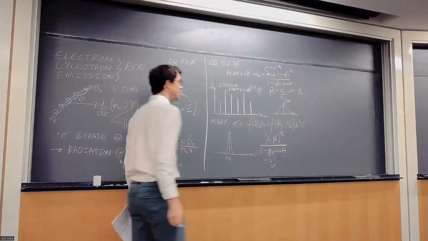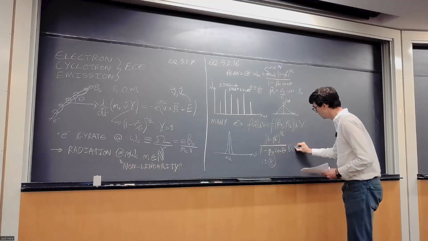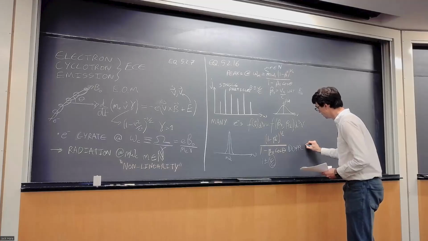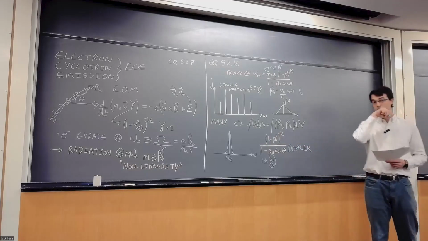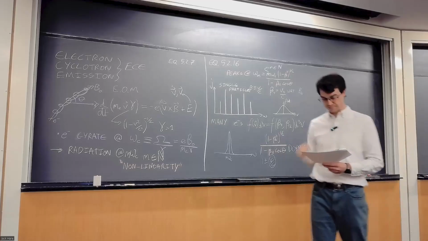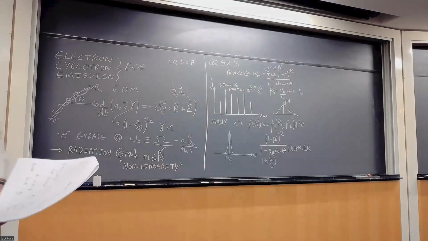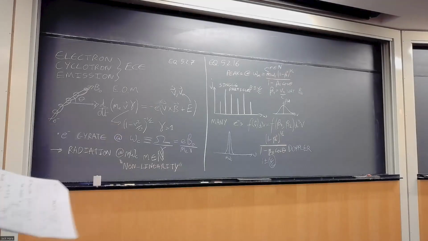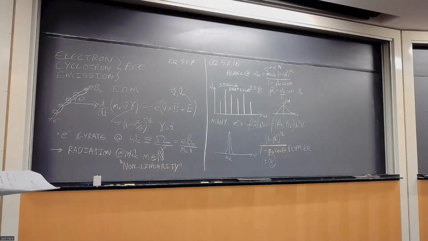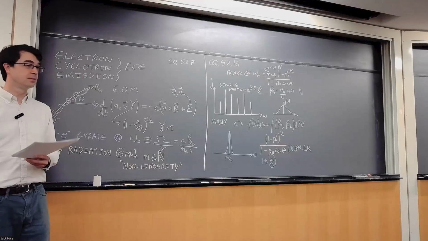What about this term at the top here? You can call this the Doppler term. What does this term on the top do? Is it always bigger than 1, always less than 1, sometimes bigger than 1, sometimes less than 1? Yes.